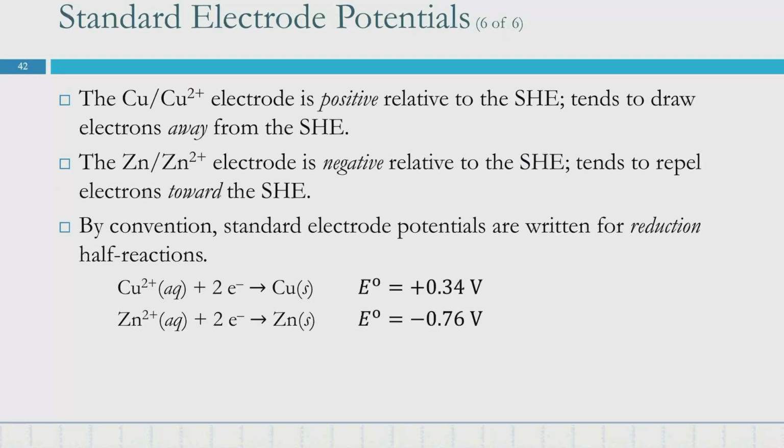And convention is that we write electrode potentials for reduction half reactions. How likely are they to gain electrons?